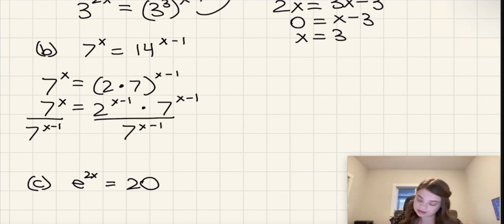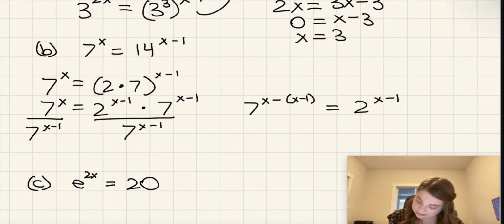we end up with, on our left side, 7 to the x over x minus 1. Recall that whenever we have two exponents of the same base, we subtract the exponents. So we would get, on the left side, 7 to the power x minus (x minus 1) is equal to 2 to the power x minus 1, because keep in mind these just cancel.